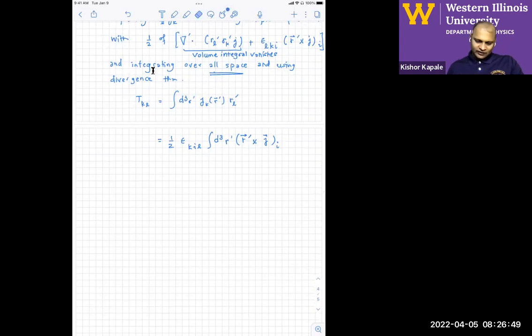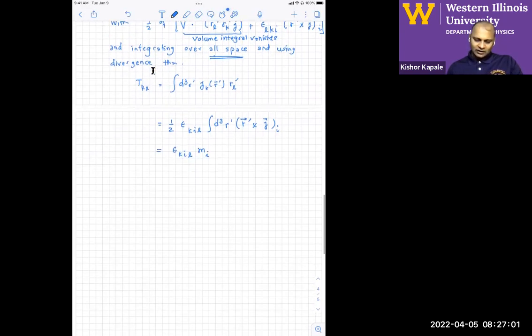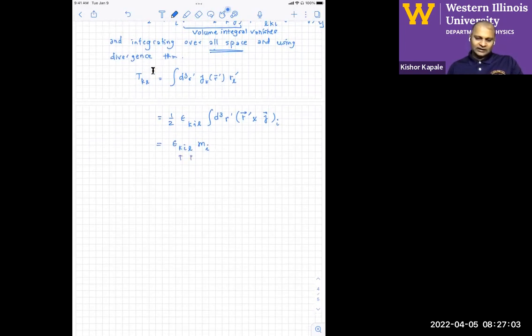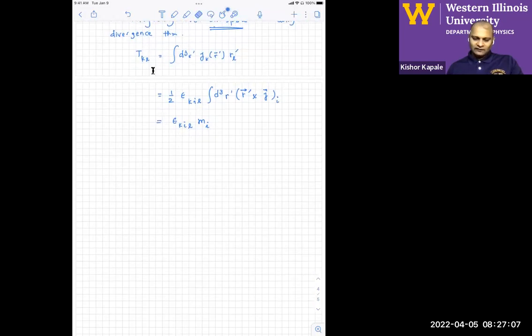we came up with this, which we can then see is equal to epsilon_KIL times some quantity M_I. Because the two indices K and L need to survive, the quantity that's remaining is only I, which makes sense.